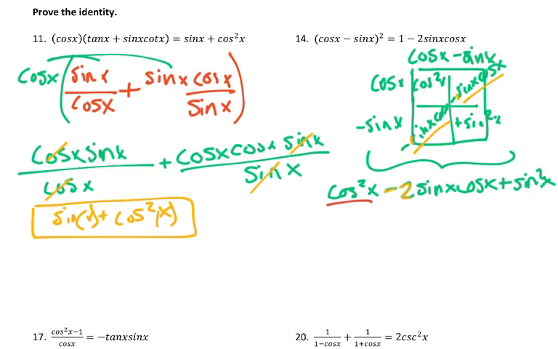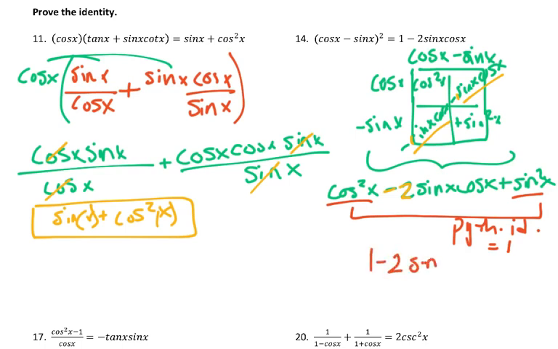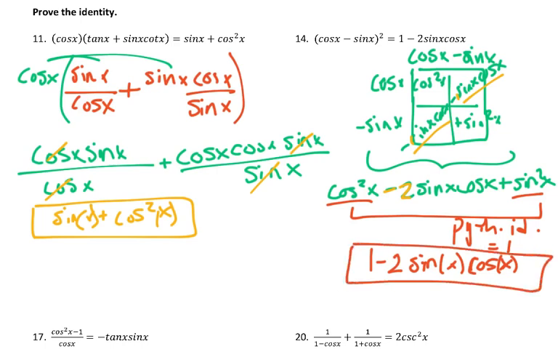From there, hopefully we know that our original Pythagorean identity of cosine squared plus sine squared tells us that we're going to end up with 1. So we have a 1 instead of sine and cosine, and so it's going to be 1 minus 2 sine of x and cosine of x, which is what we were looking for as our solution. Again, it probably doesn't feel like a solution, but that was supposed to be our ending point.